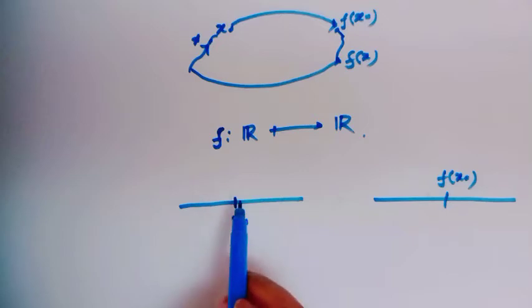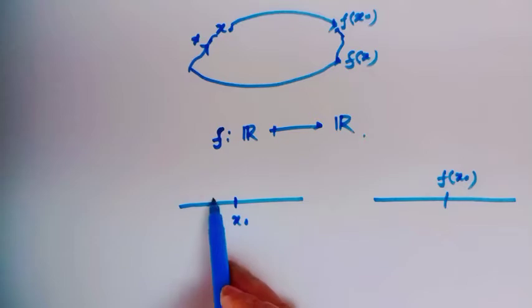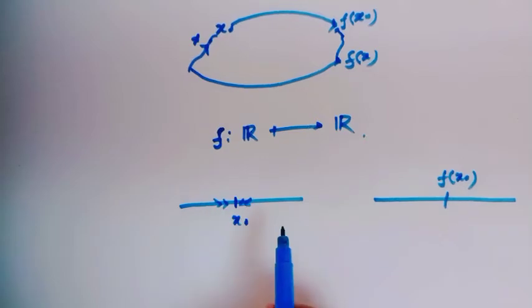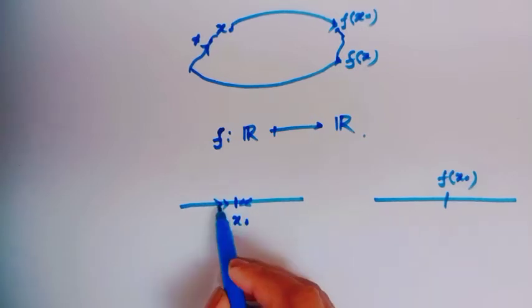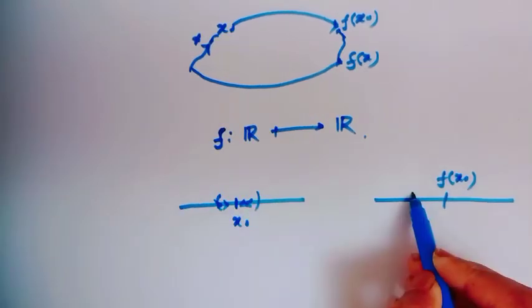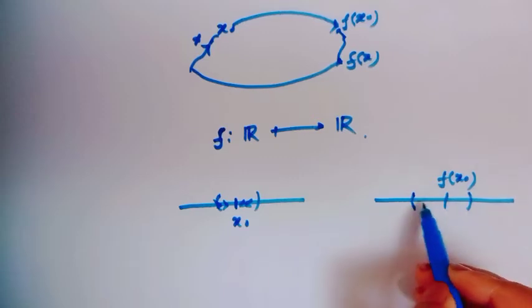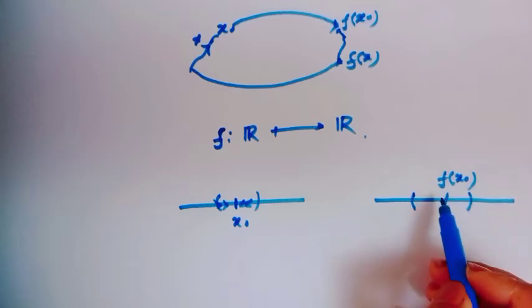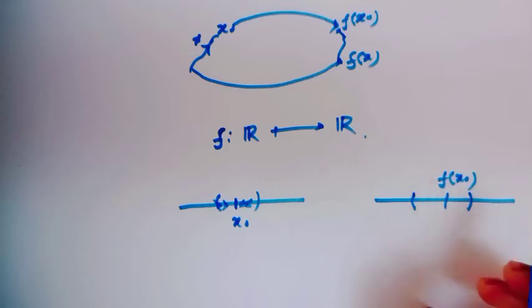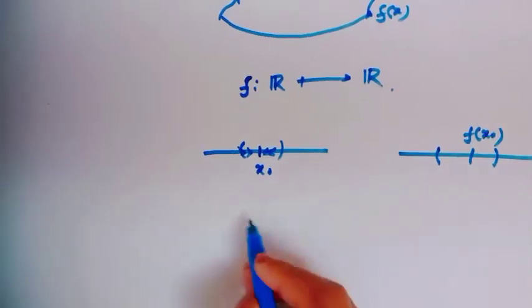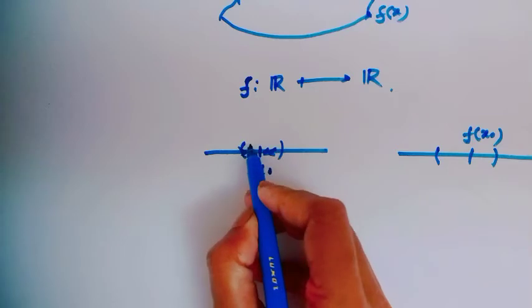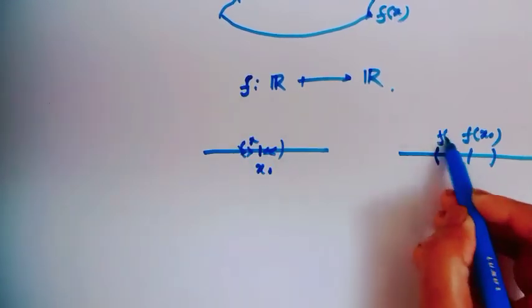Going near to x0, there exist two possibilities, either the left side or the right side. Then fx should be near to fx0 from the right side and the left side. Okay, and this implies, here x lies, here fx lies.